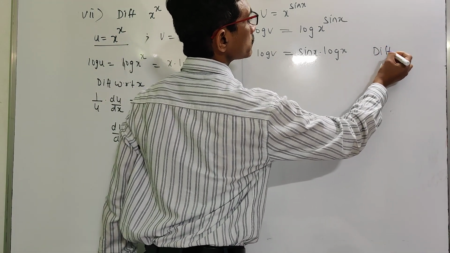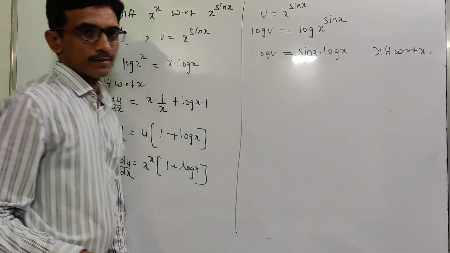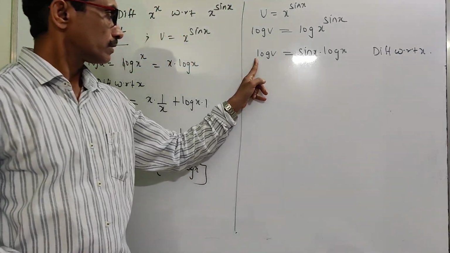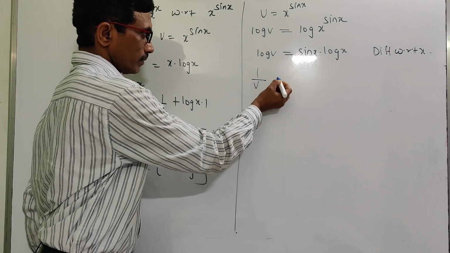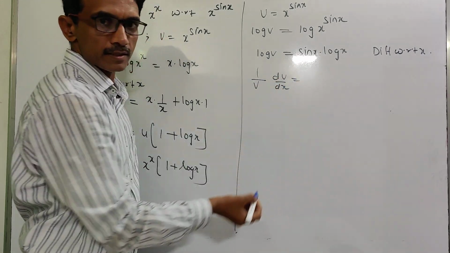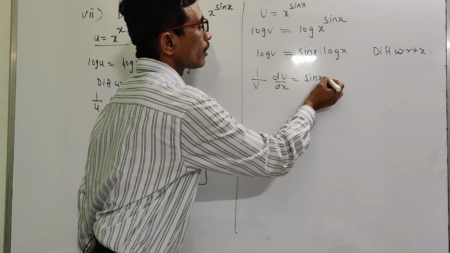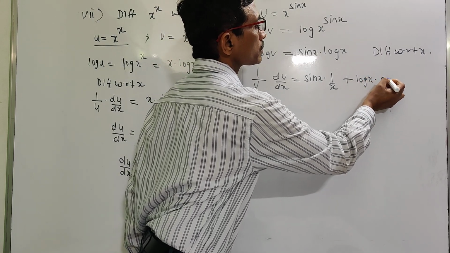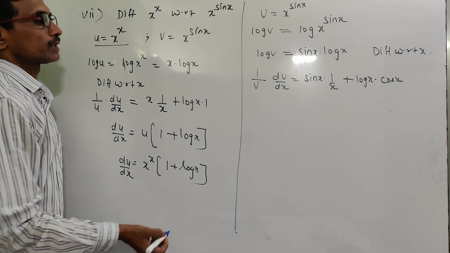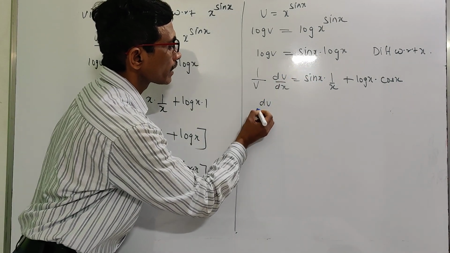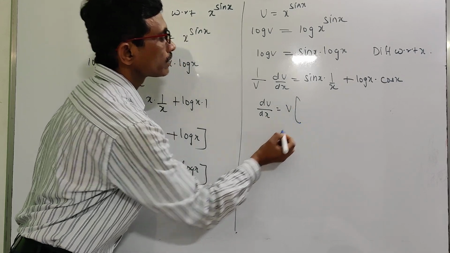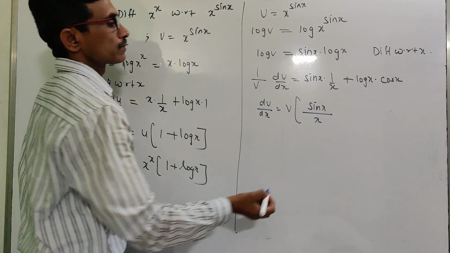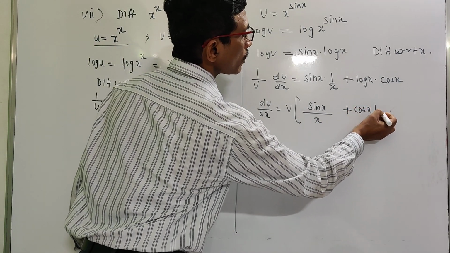On the right-hand side, what is there? A product. So u derivative of v plus v derivative of u, and the left side is 1 upon v dv by dx. The right-hand side will be sin x into derivative of log x, which is 1 upon x, plus log x into derivative of sin x, which is cos of x. So taking cross multiplication we will get dv by dx. This will be v into sin x upon x plus cos of x into log of x.